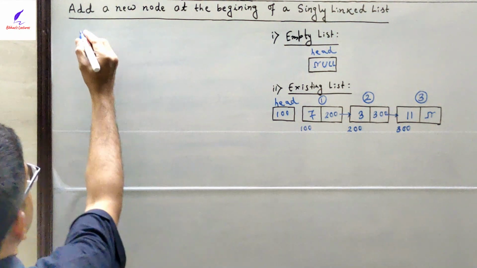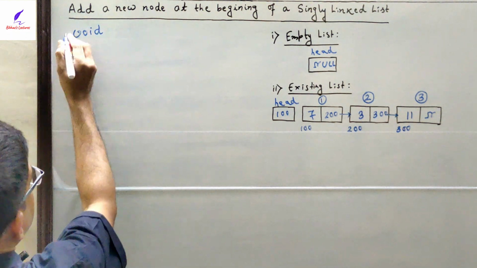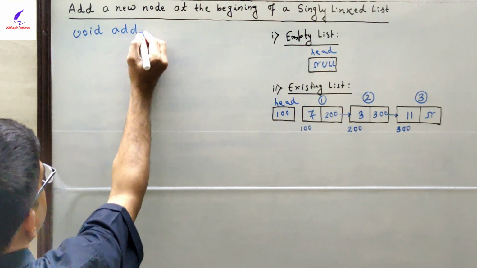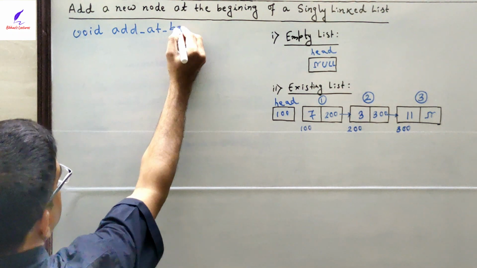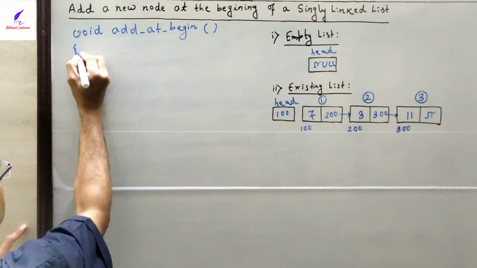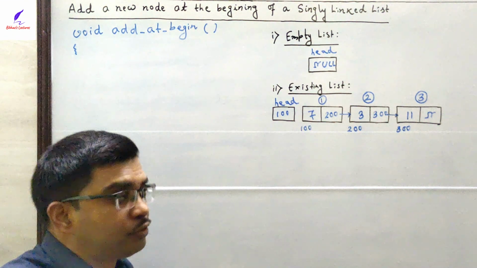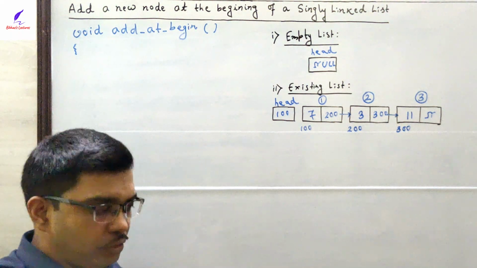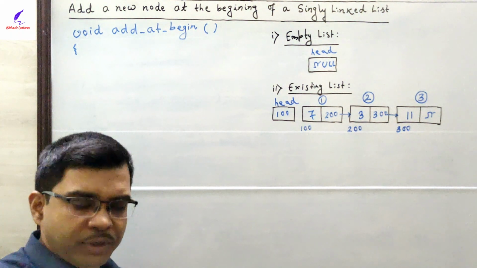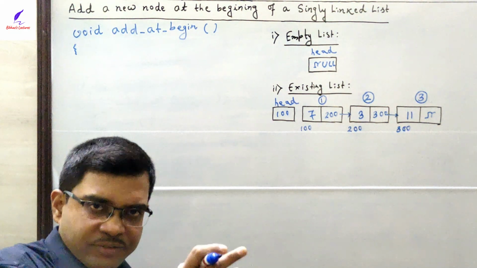So first we have to write down the header line of the function. The name of the function is add at begin, its return type is void, so void add at begin. It does not accept any parameter. Now first, since we are going to add a new node, we have to create a new node. Whenever you create a new node, the malloc function will return the starting address.